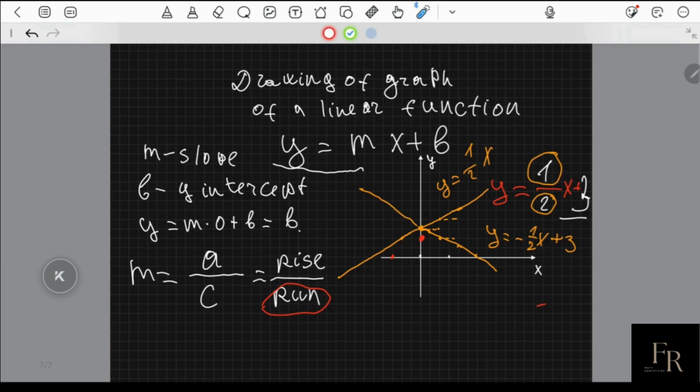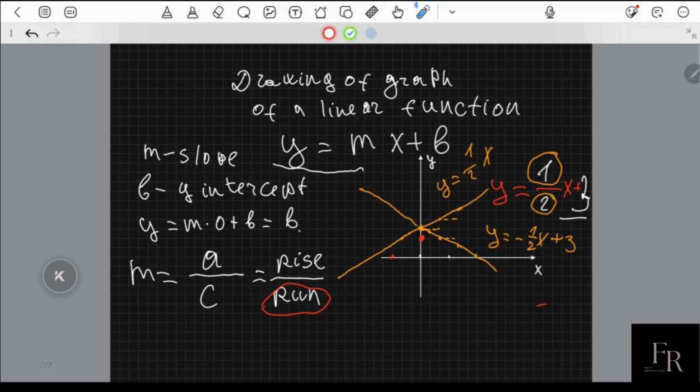We give 2 formulas for you. m you can find from the trigonometric formula, but it's a little bit hard, arctangent or inverse tangent of this angle alpha. That's why it's called slope.